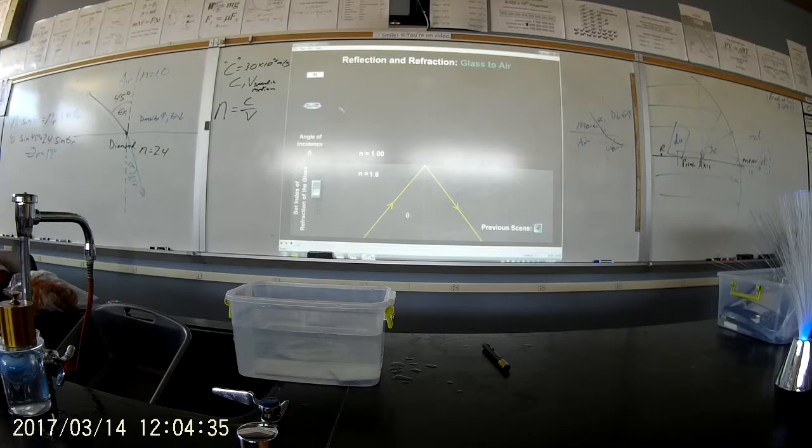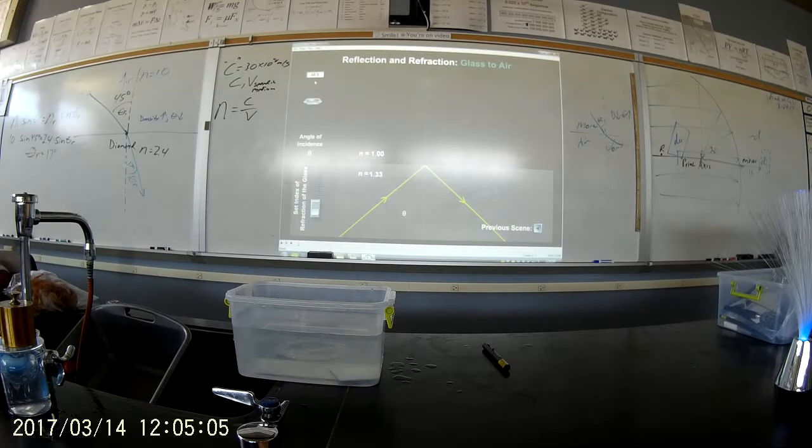We'll do it again. So we're going to set this down to water. The angle of refraction eventually becomes 90, and the angle of incidence is 48, which means any angle of incidence 48 or larger will cause the laser energy to get trapped.